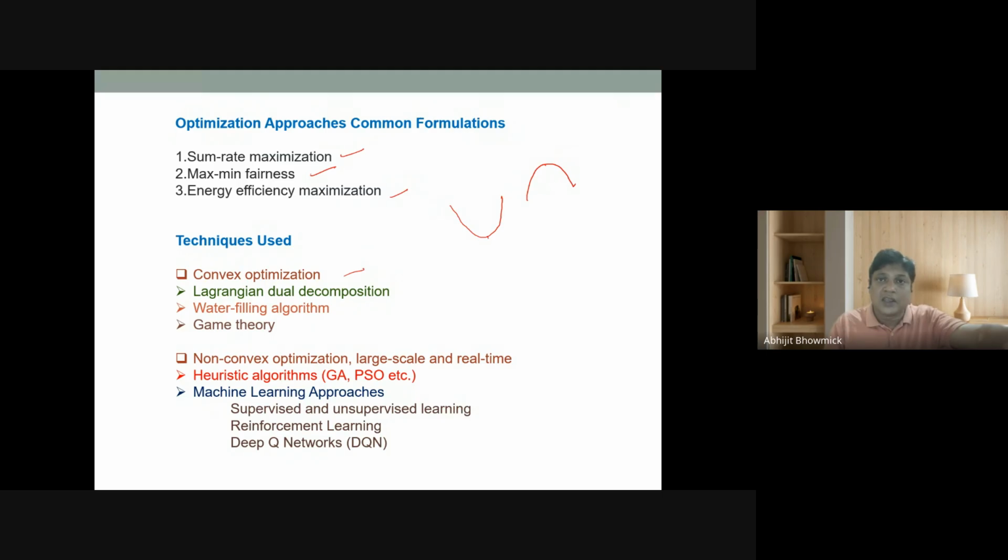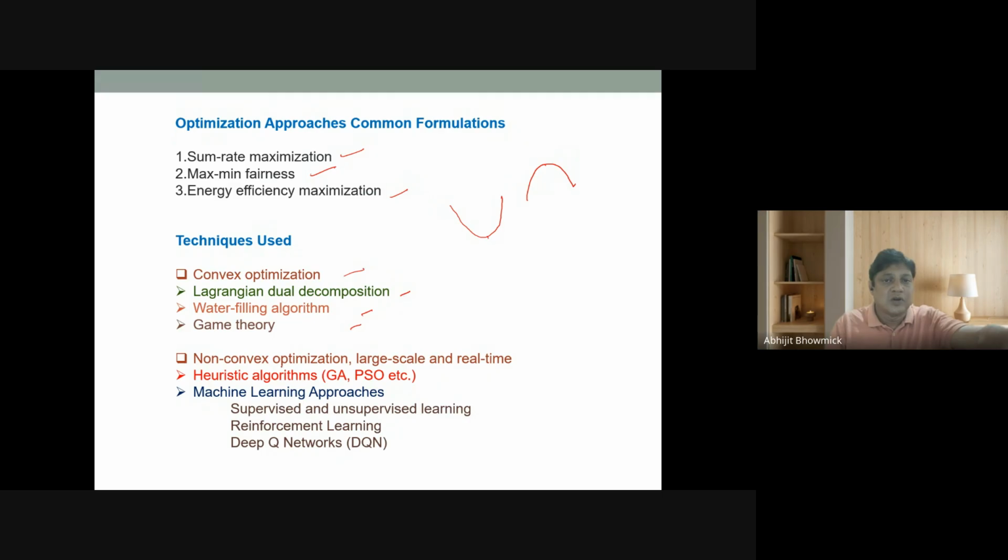In that case, our objective equation may not follow the convex equation characteristics. Then we have to follow some other techniques to maximize or minimize our objective function. So for convex optimization, we normally use Lagrangian, water filling algorithm, and game theory approaches.